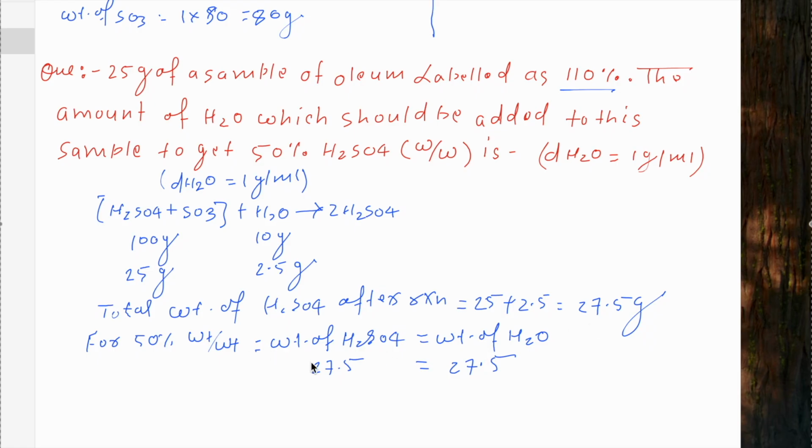And already H2O how much was there? Already H2O how much we added? 2.5. It was 2.5, na? Okay. So total H2O, how much? That is 30.